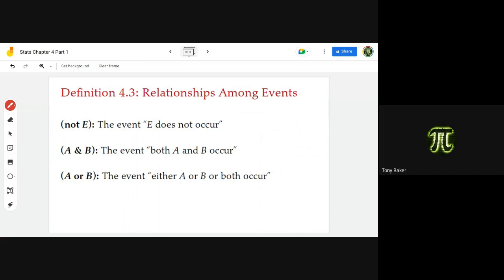Or what is the odds of an even red card? Okay. So those are two different events. What's the odds of a black 5 or a red 7? Two different events.